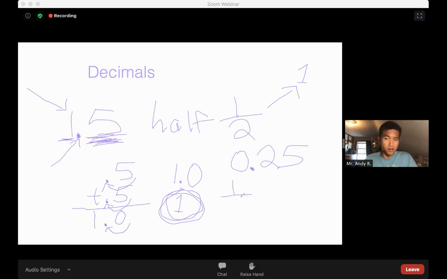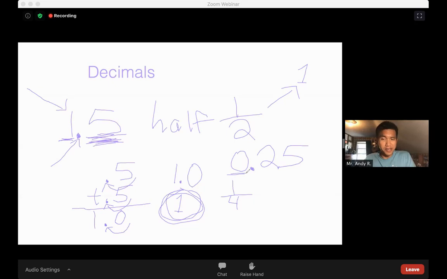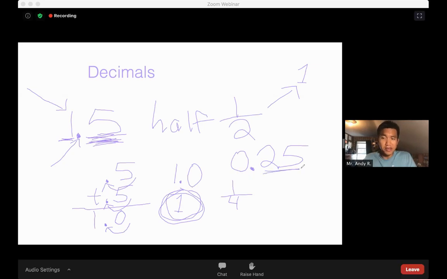It means 1/4, a quarter. The number before the decimal point is 0, so there's no whole number here. This is not a whole number at all. But what does 25 mean? 0.25. Yeah, it means a quarter.